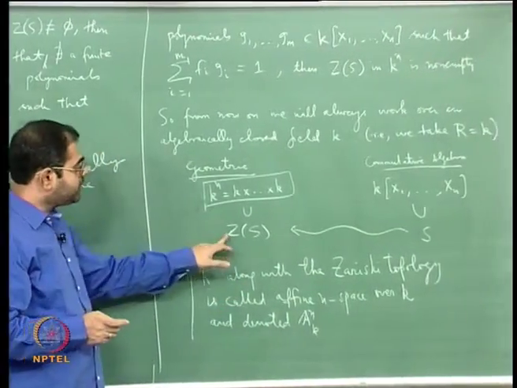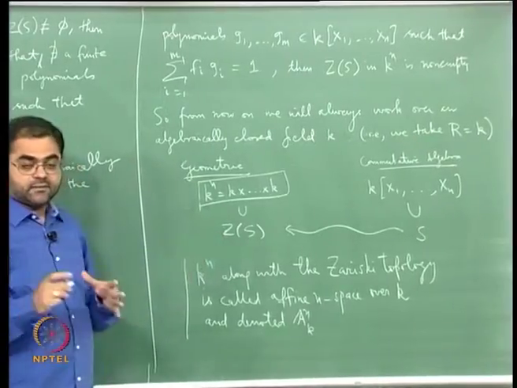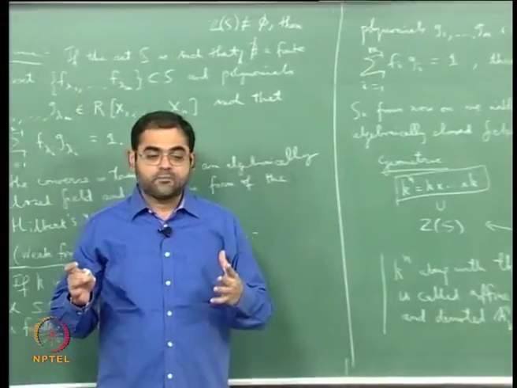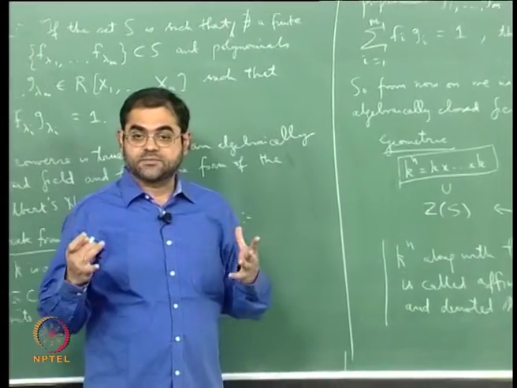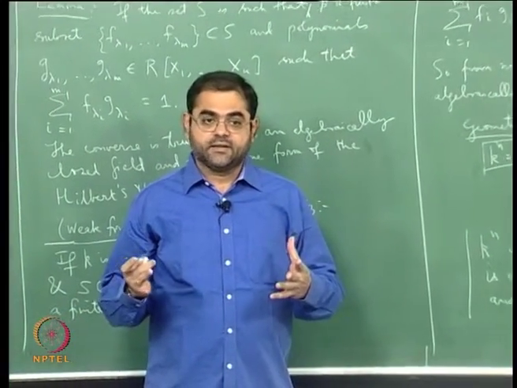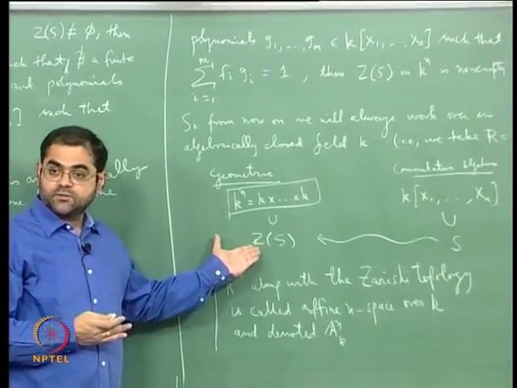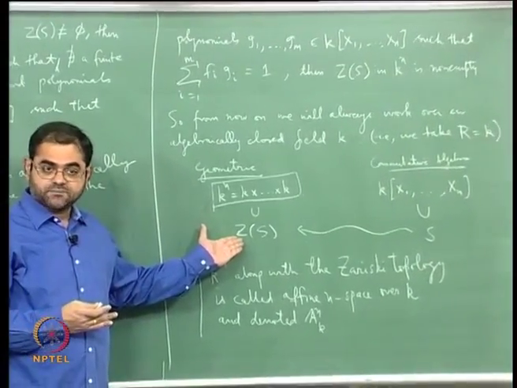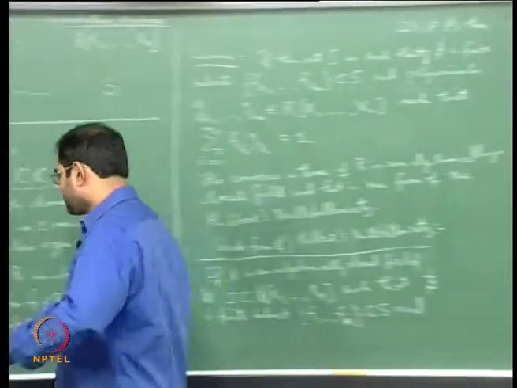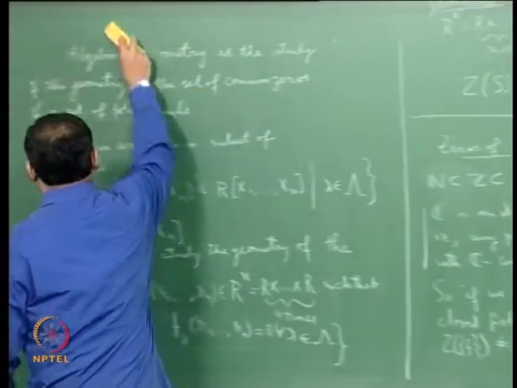If you remember, I told you that the Zariski topology is declared by declaring certain subsets as closed sets, and these subsets are the loci of zeros of a bunch of polynomials. Okay, so let me elaborate on that.